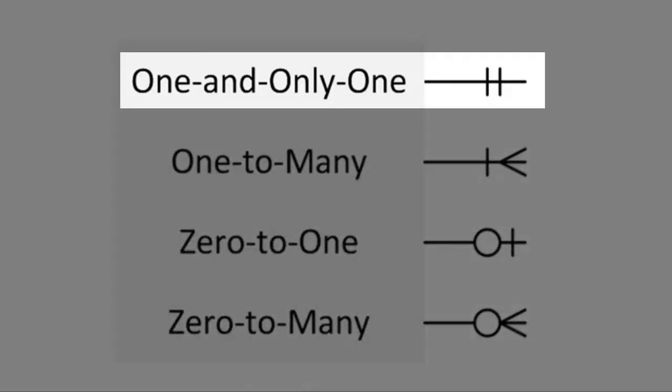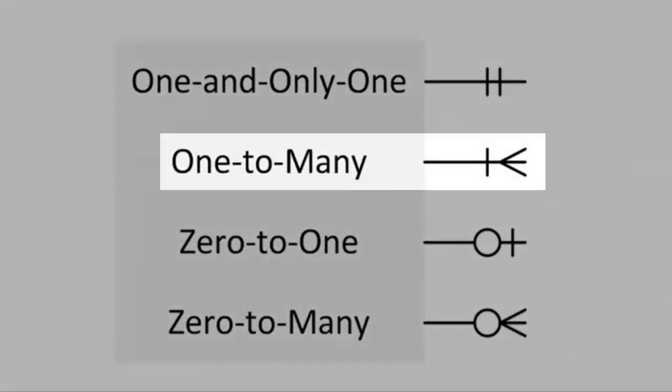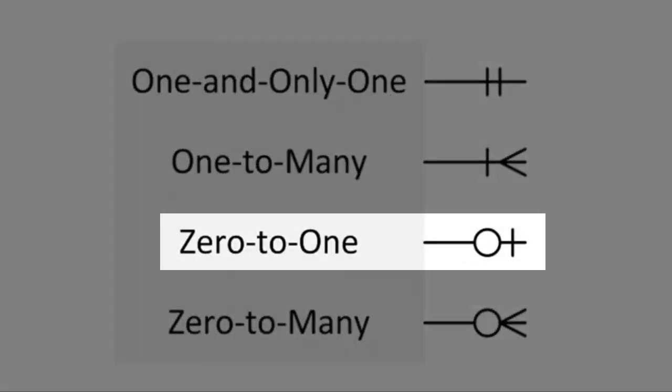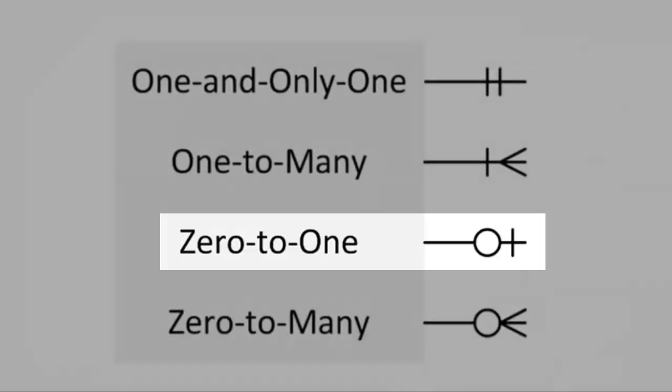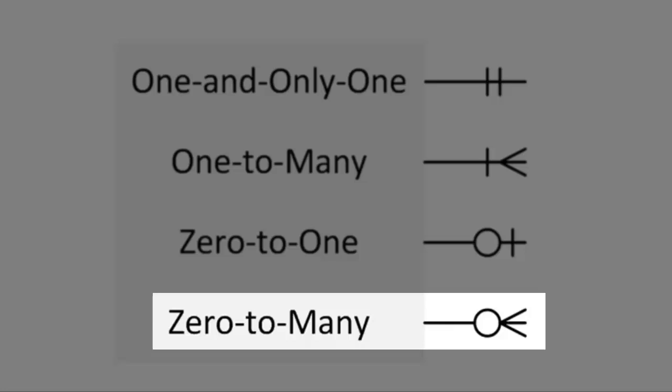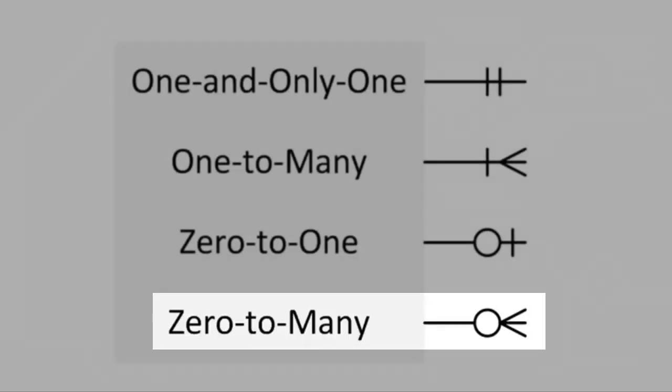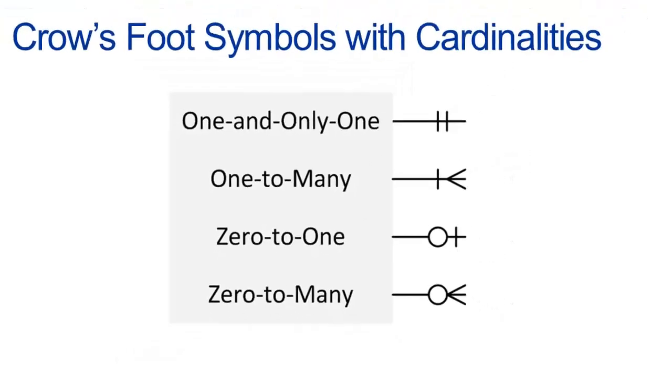They are one and only one, or if you prefer, exactly one, a one-to-many, a 0-to-1 relationship, in which the minimum cardinality is 0 and the maximum cardinality is 1, or we may have a 0-to-many relationship in which the minimum cardinality is 0 and the maximum cardinality is many.